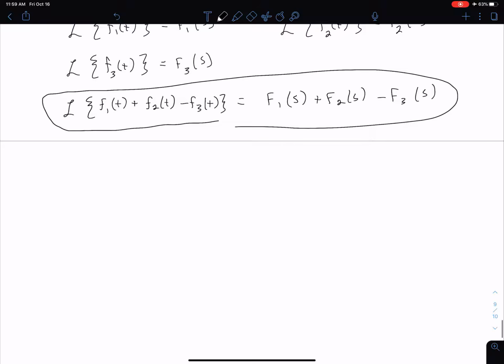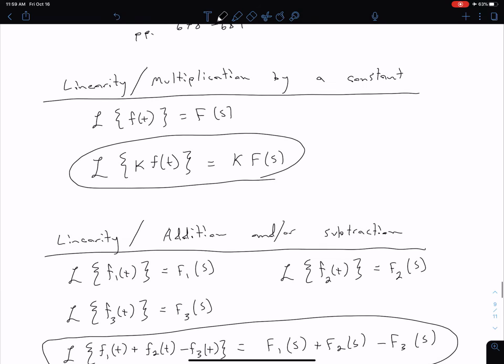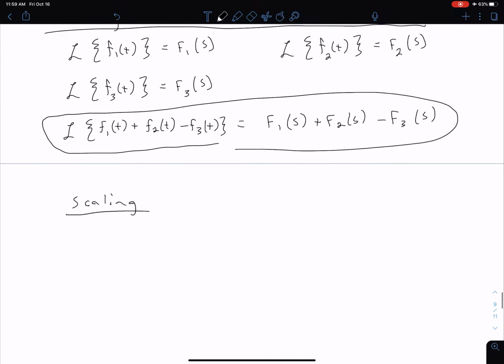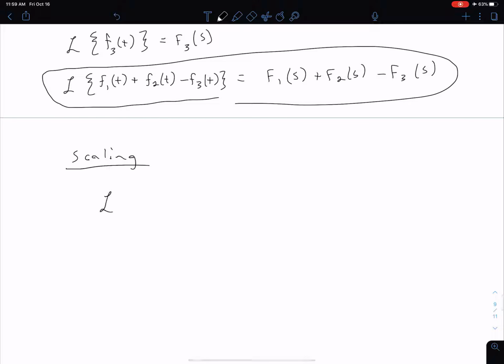So let's look at a few more in this video, and then we'll come back and finish them up in a later video. The next one we want to look at is scaling. Again, let's keep in mind that the Laplace transform of f of t is F of s, unless we say otherwise. Let's say we then want to know the Laplace transform of f of a times t.